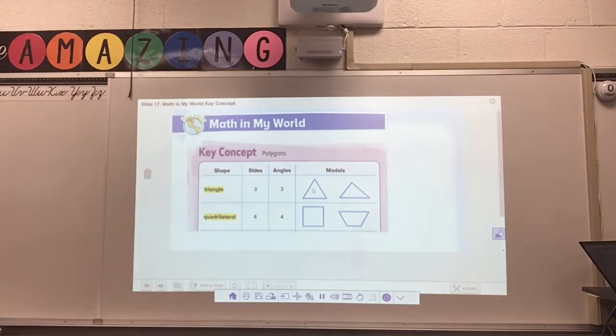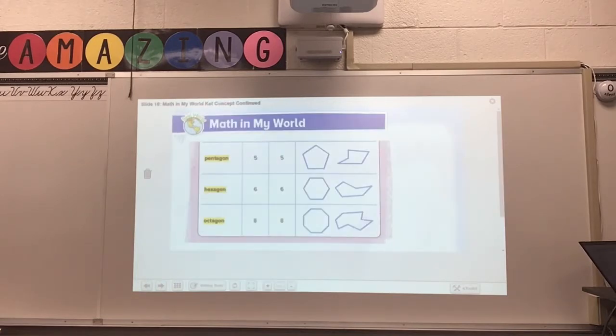So we've got 2 different types of quadrilaterals. This is a square, and this is a trapezoid. Now, a trapezoid is different from a square, but they are both quadrilaterals because they both have 4 sides and 4 angles. They look different, but they are still quadrilaterals because they have 4 sides and 4 angles.